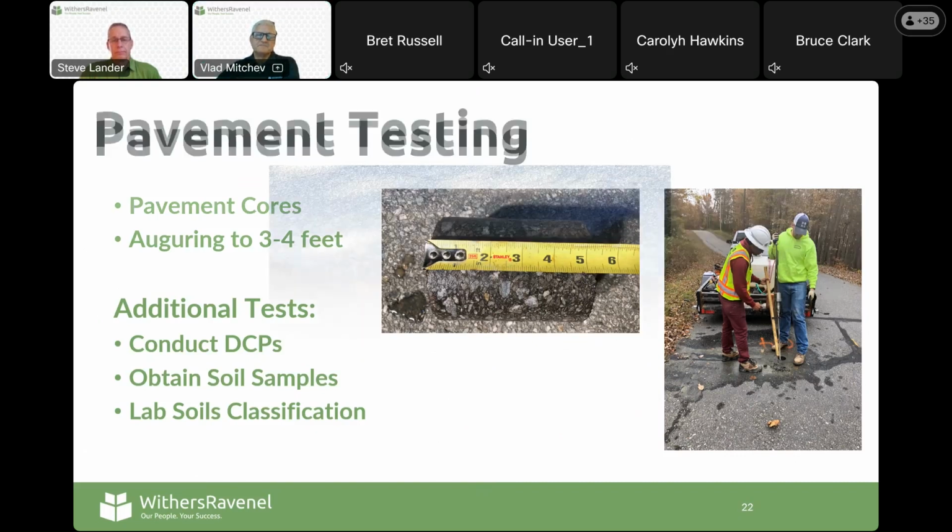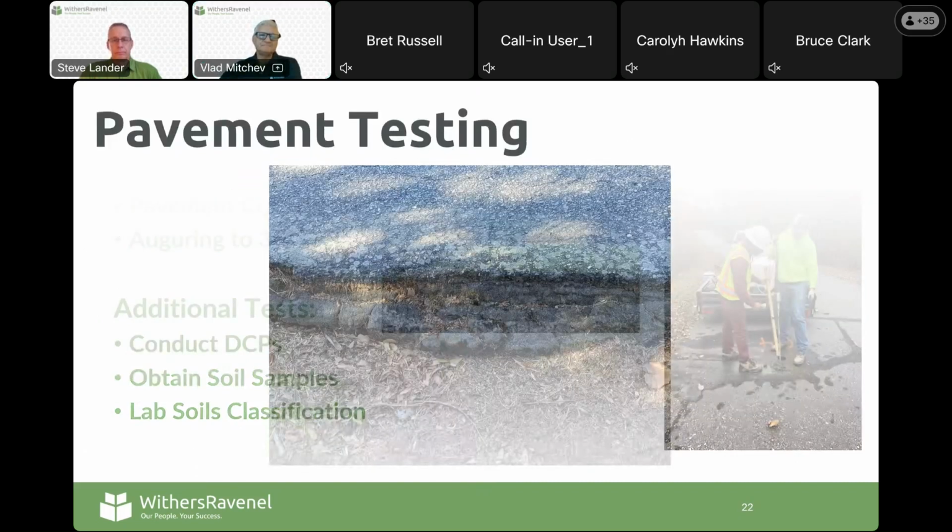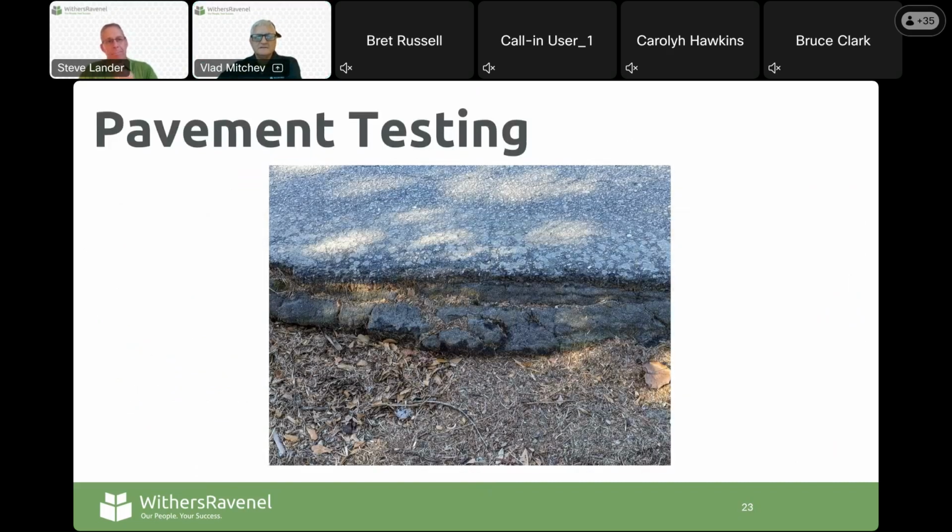So this photo shows that same project that we had recently, that I showed you with the block cracking. On the side of the pavement, we see this in addition to some information that we received from the municipality about pavement thickness.